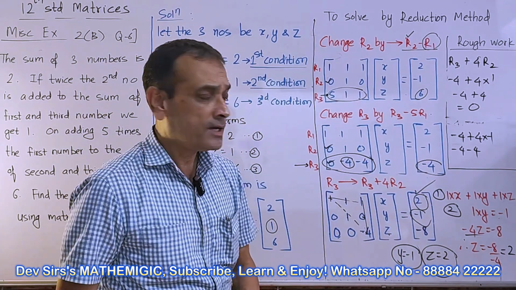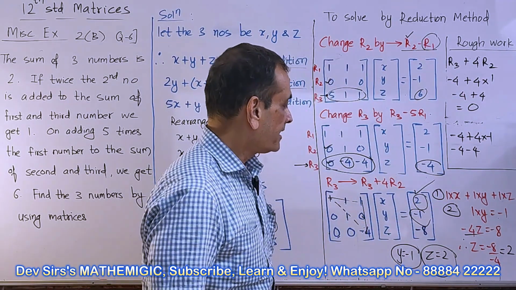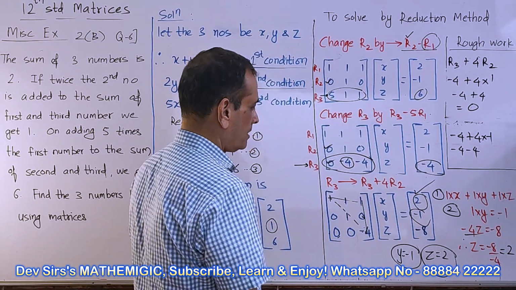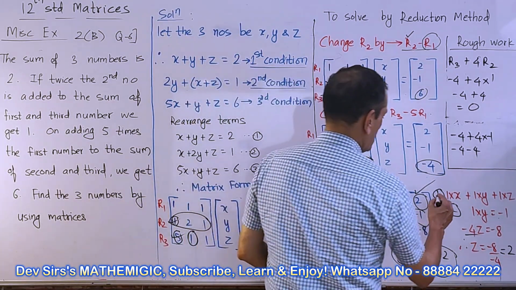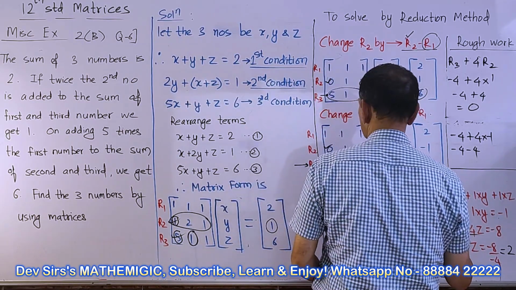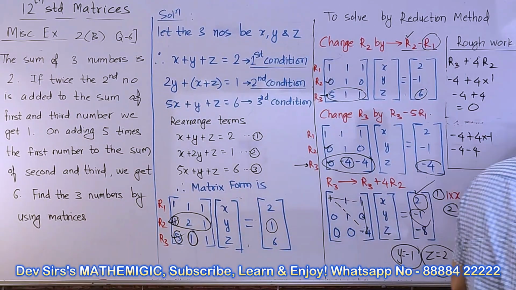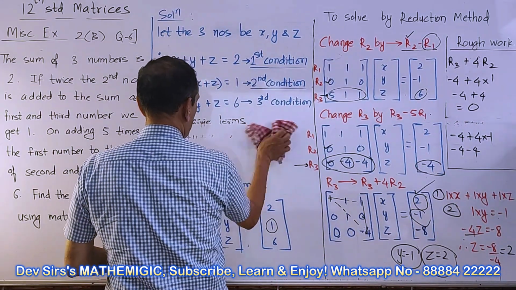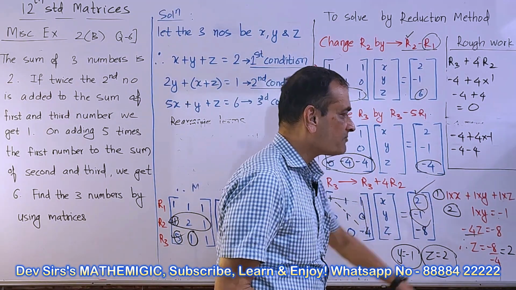Now what is the last step? Put the values of y and z in the first equation, get the value of x. चलो फटाफट कर दो last step. Substitute करेंगे. 1 into x, so I'll write the equation. You can also solve it. X plus y plus z equal to 2.